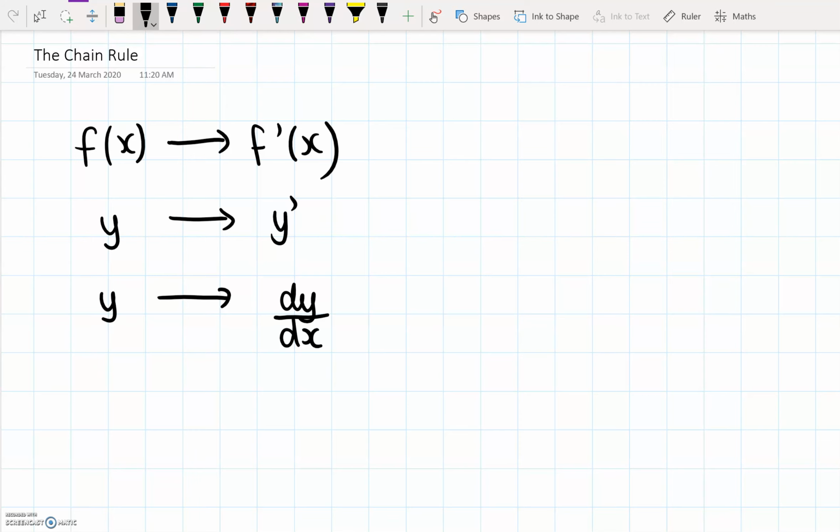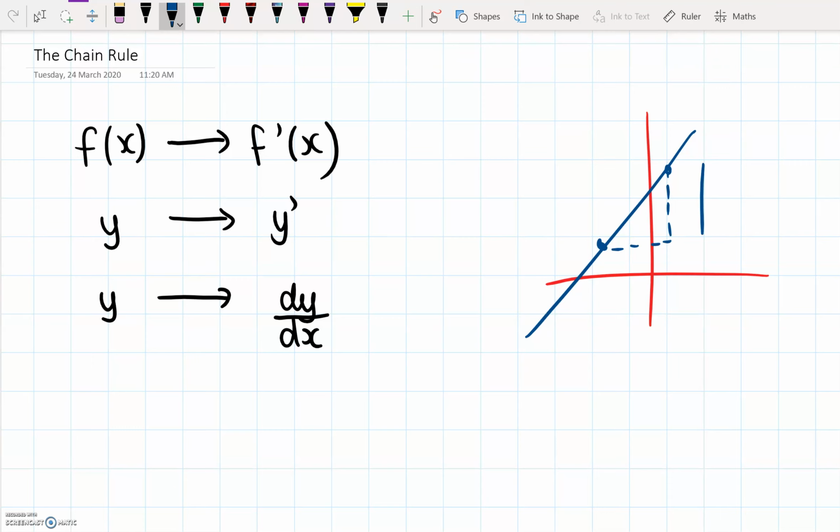If we had a straight line that looked like this, for example, and we wanted to know the slope of the line, we would look at delta y over delta x.